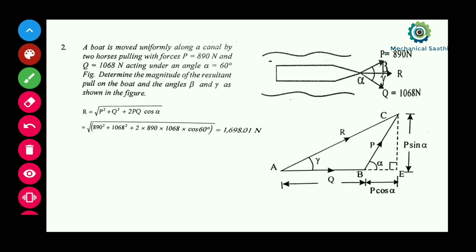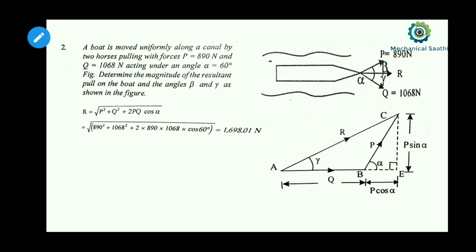Here this is the resultant and this is Q. Up to this much, AB is Q, and this is P, and this is P cos alpha, which we have already found out, and this is P sin alpha. So here R is given in the previous problem which we are solving now. R is given, and alpha and gamma are all given. We need to find out the value of P and Q.